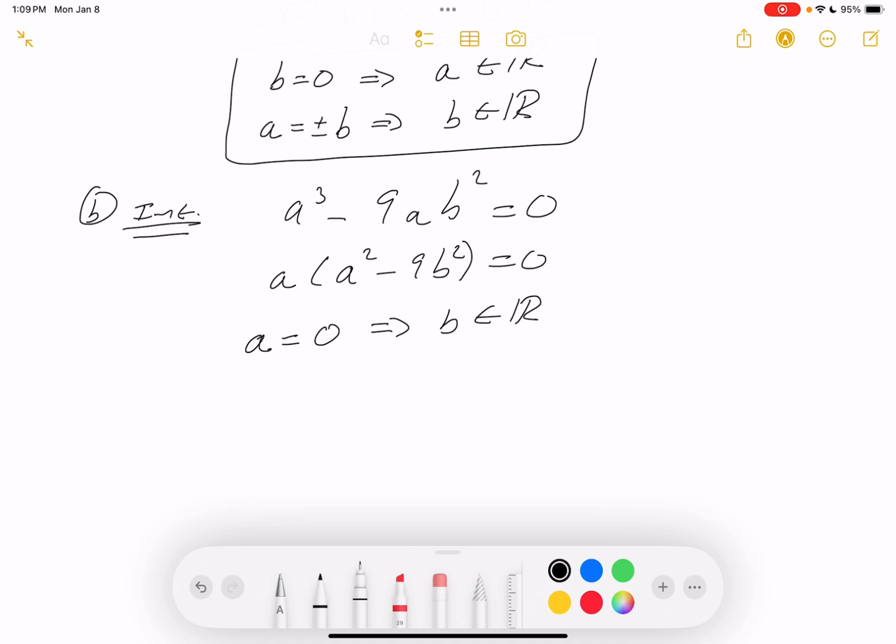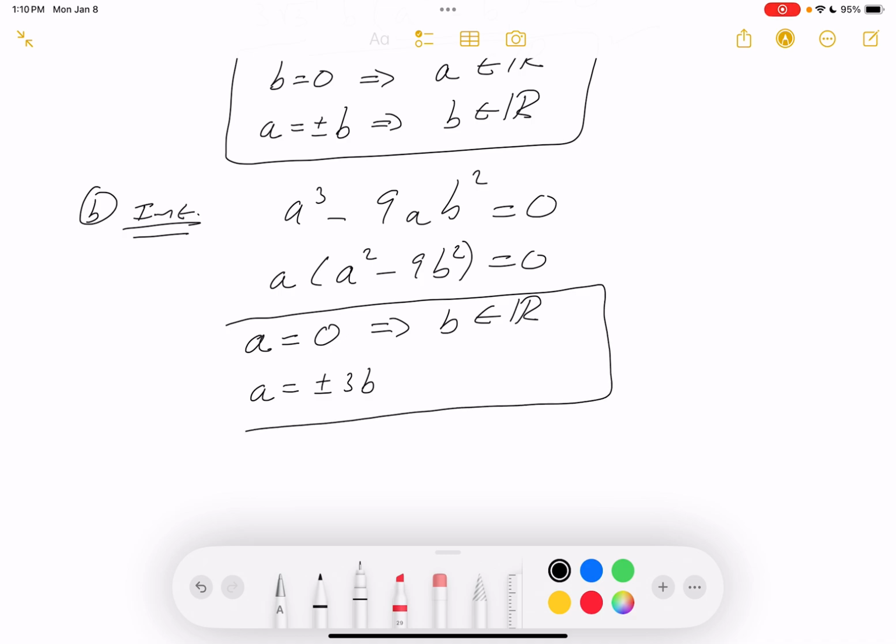I'm also going to say a could also be equal to plus or minus 3b. And why is that? When you square it, you get plus 9b squared, and minus 9b squared would give you 0. The a can be any number at this point, as long as it is plus or minus 3 times the b. So you pick any real number for b. And I think I'm done. Again, if you want to, you could write down b over here could be any real number. And we're done. Thank you.